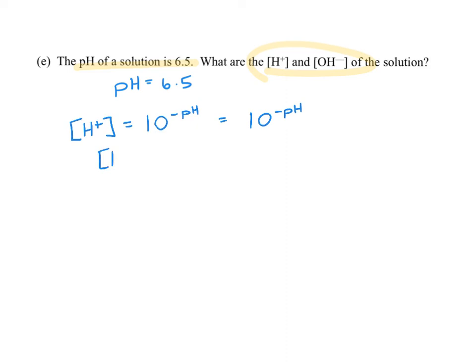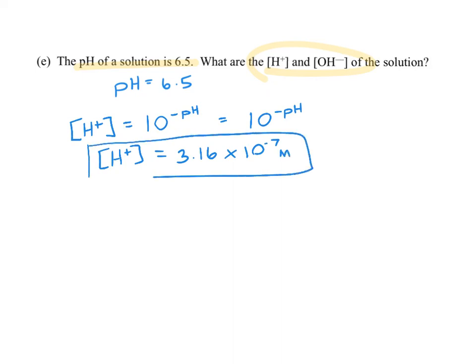And if you plug that into your calculator, again, you would do the 1, 0, and you can choose to do the caret, negative 6.5, or you can do the E to the negative 6.5. Either way, you should get the answer that H plus is equal to 3.16 times 10 to the negative 7th. And the unit is actually going to be molarity.